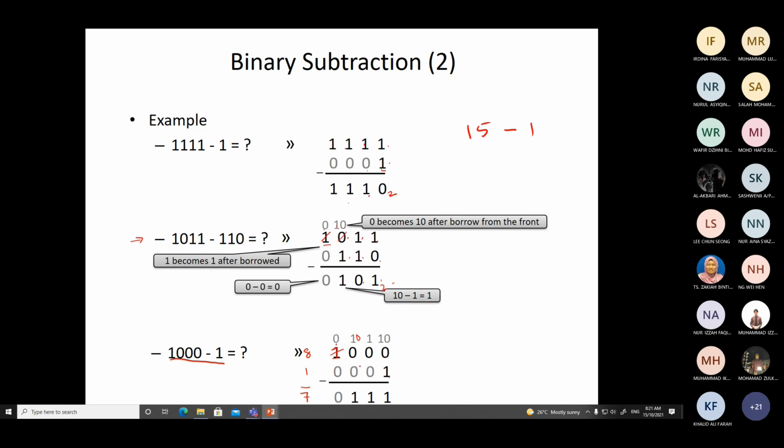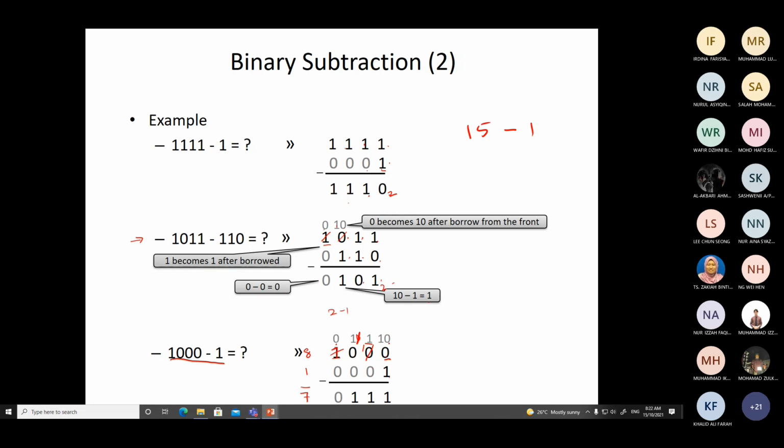Since the next digit is also borrowing from this digit, when the 2 is borrowed, it will minus 1, so the 2 becomes 1 here, and they borrow from it like this. And if it's borrowed again, because the last digit needs to borrow again, the 0 is cancelled and becomes 1.